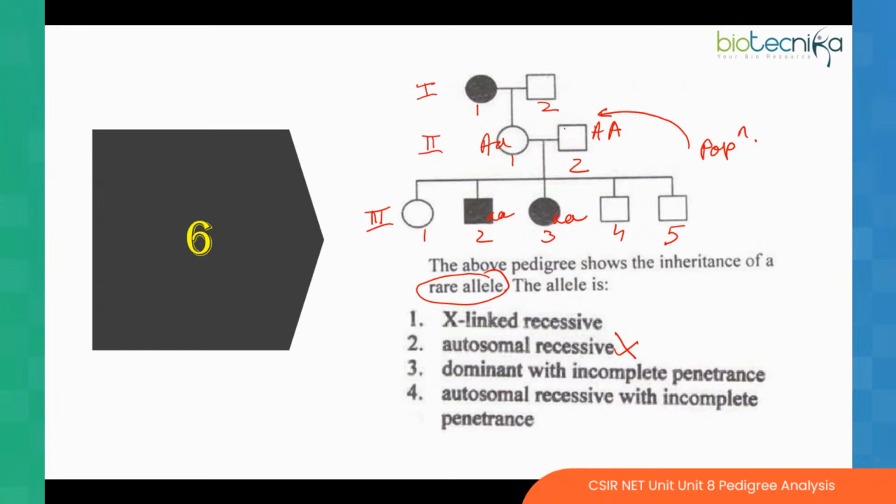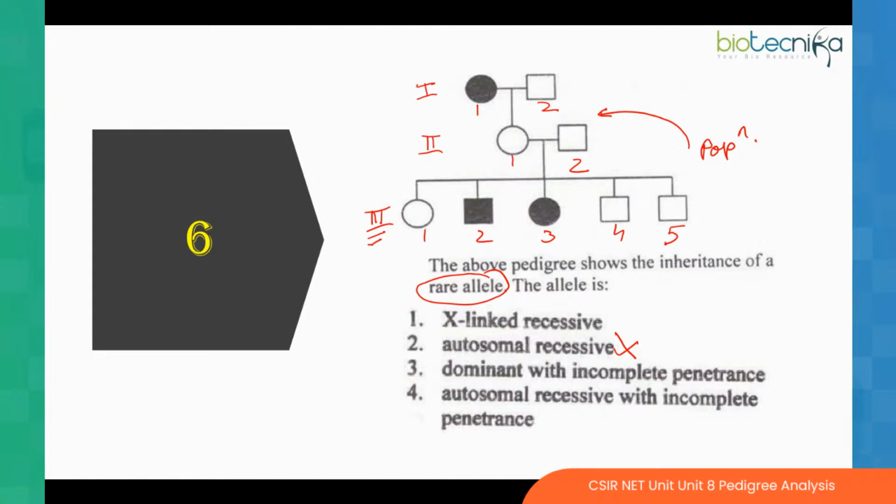Now if 2-2 doesn't have the causative allele, in this situation, if we consider the trait to be autosomal recessive, will 3-2 and 3-3 have homozygous recessive genotype? No, not possible, right? So that's why autosomal recessive is not possible.